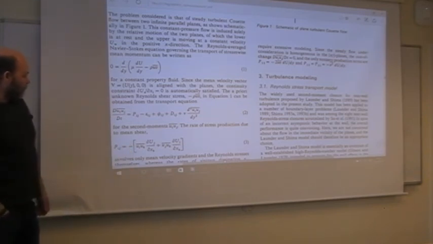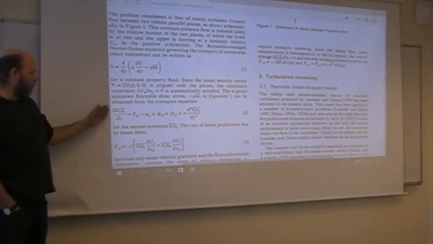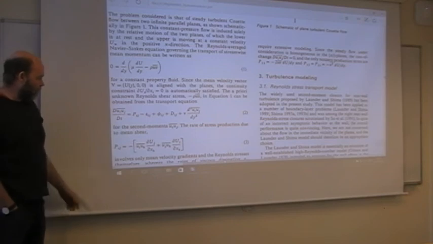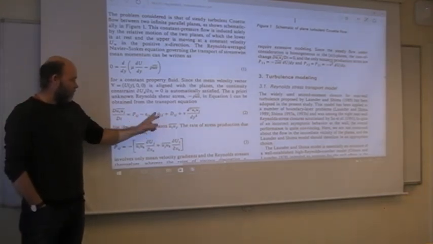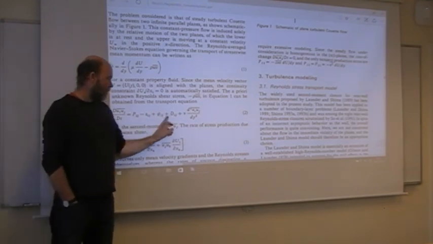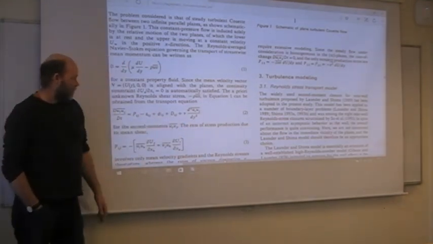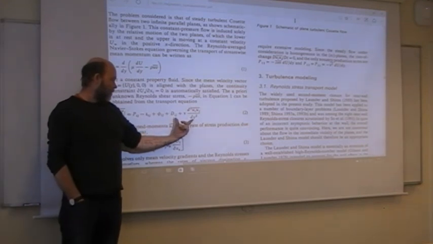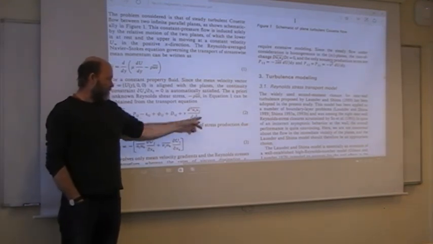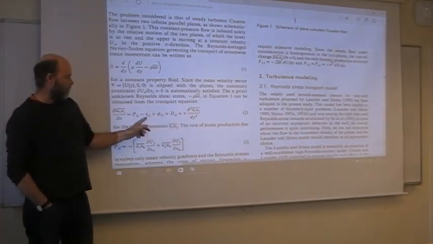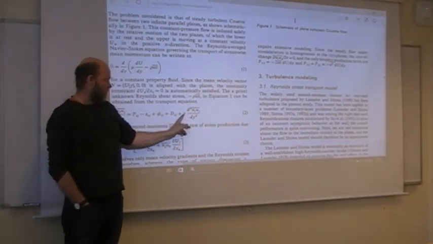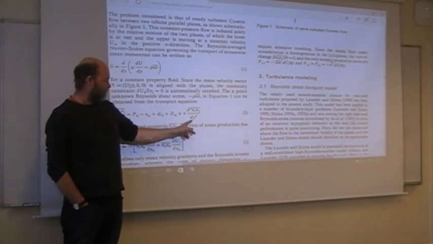For this case, they did a full Reynolds stress model. So here the transport equations for the different Reynolds stresses. We have production, dissipation, redistribution, and then diffusion. So here for some of them, it's a question if this term shouldn't belong together with epsilon? I mean, you have the viscosity and then the double derivative.